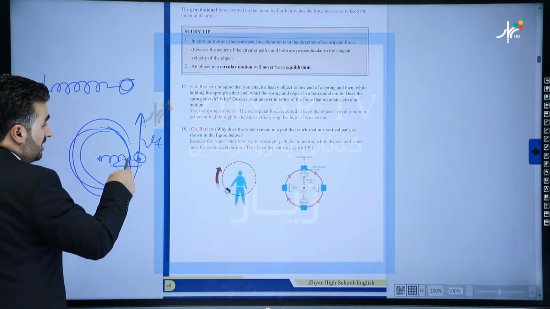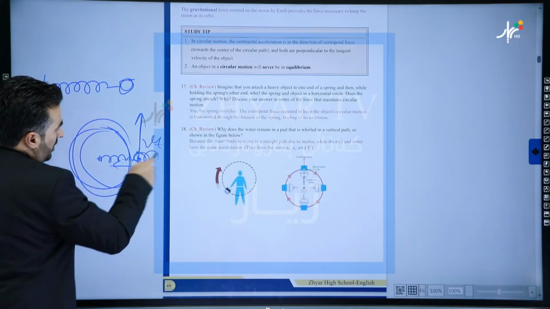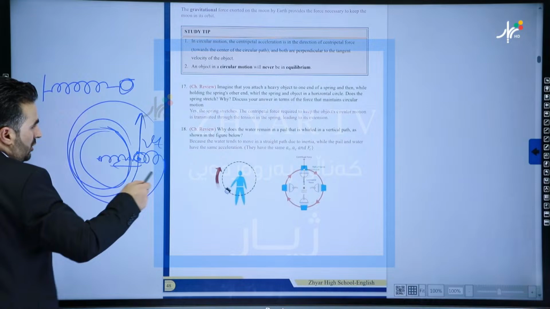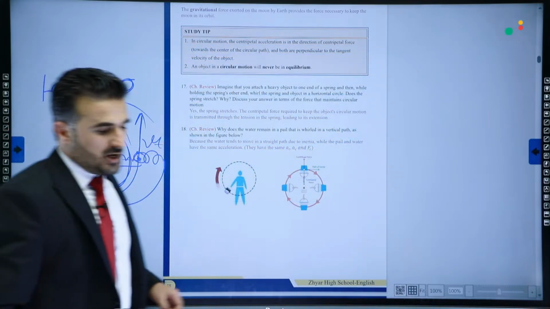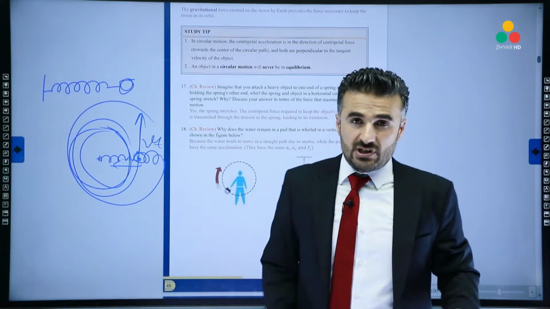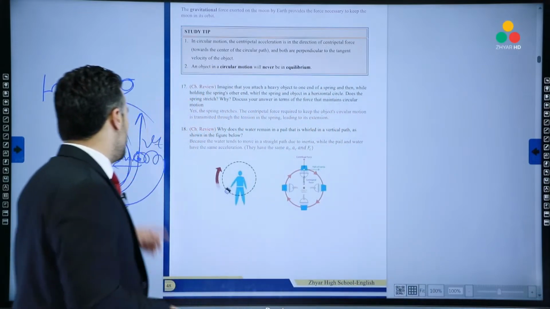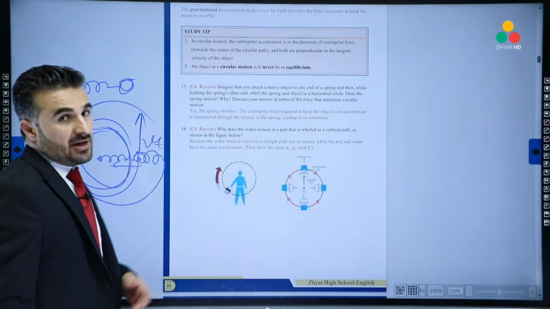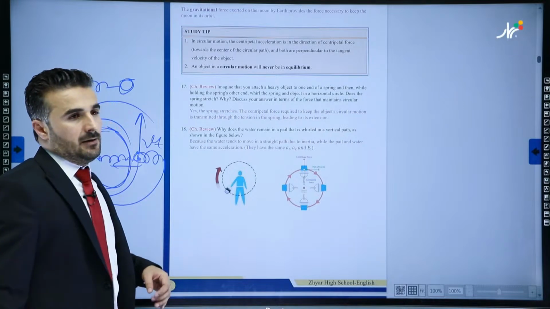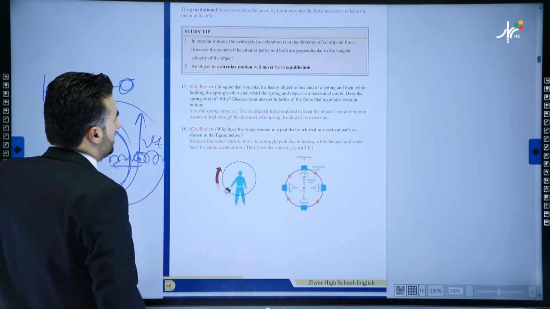Because the spring is elastic, it can stretch. The faster the speed of rotation, the more it will stretch, because it needs a bigger force to change the direction of the velocity and keep it directed towards the center.